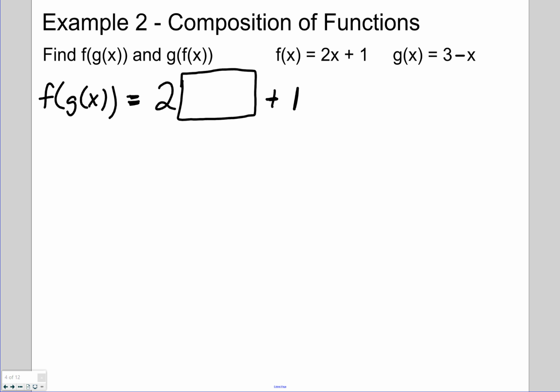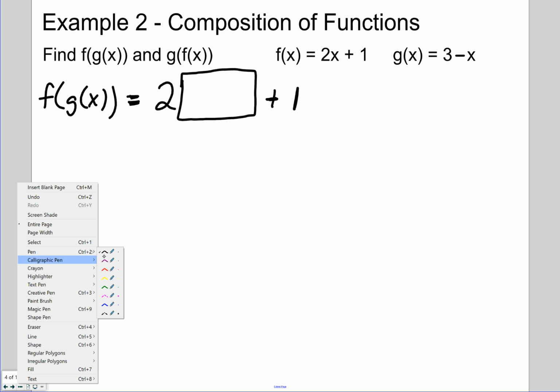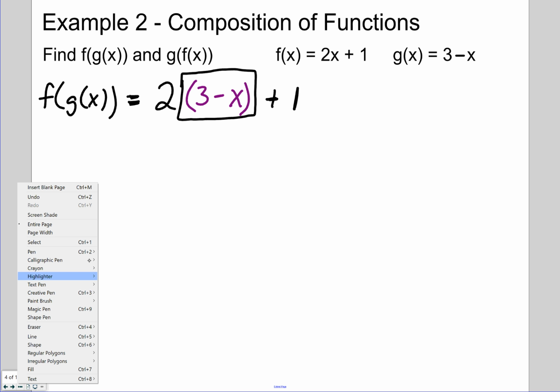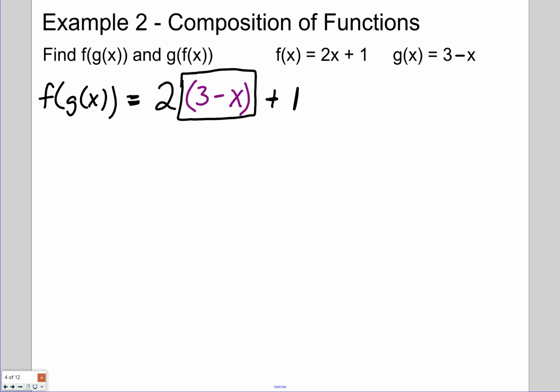Then I'm going to put the other function, this inside function, which is g of x. So I'm going to take 3 minus x and put it in the box, in parentheses. And what I'm hoping that you see is that you should still see 2x plus 1, but what has replaced the x? The other function.